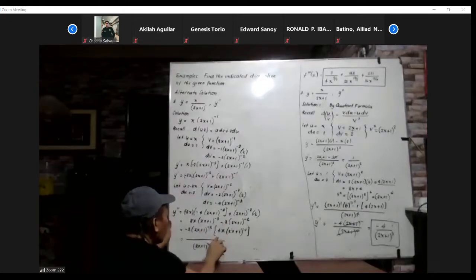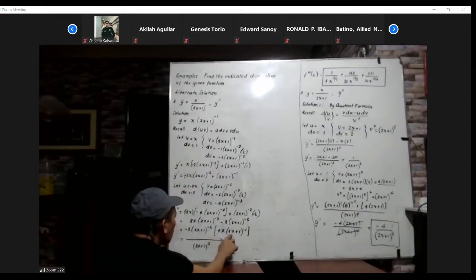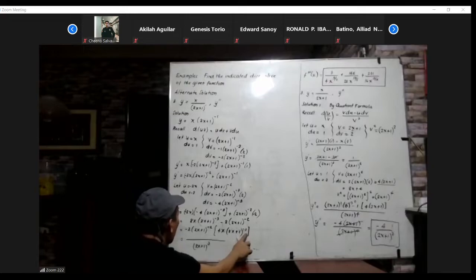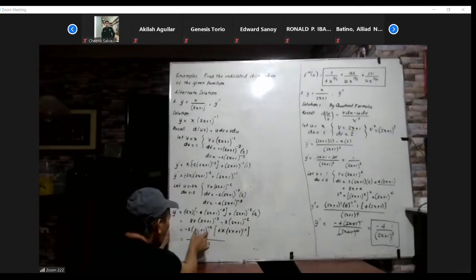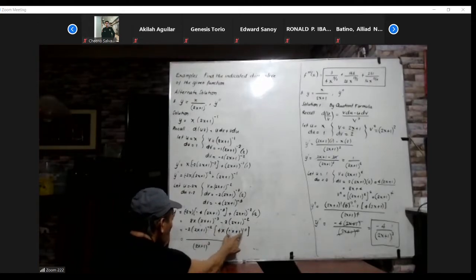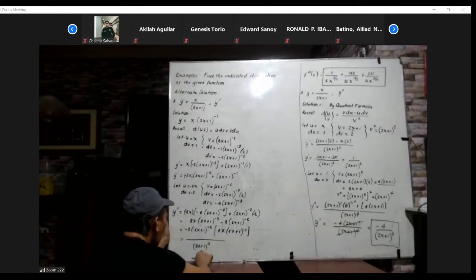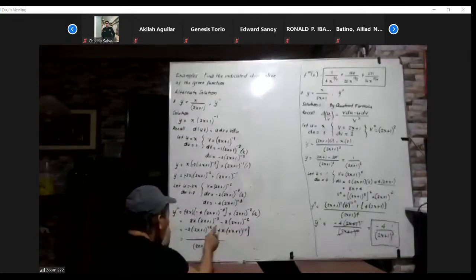Then, magiging 2x plus 1 raised to negative 1. Okay, tama. Then, this one guys, pwede natin ibaba natin siya. So, magiging 3. And therefore, mayroon tayong negative 2 times 4x. Dapat ito ay negative 8x.